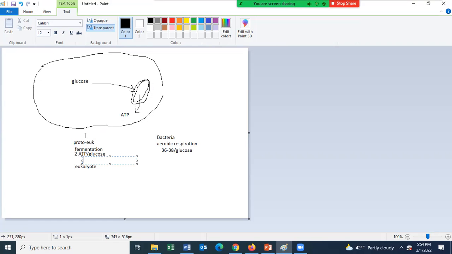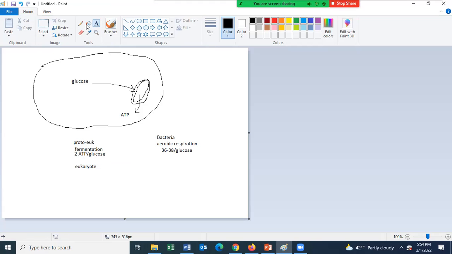Let's make a little arrow here. And conversely, we don't ever find the bacteria free living anymore. We only find this bacteria inside the eukaryote.